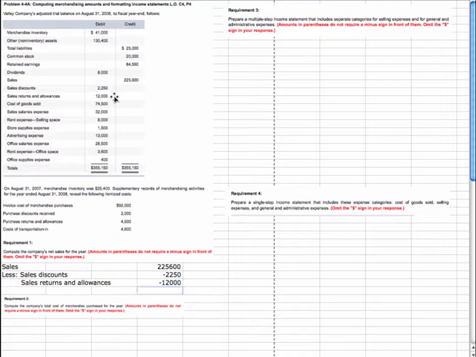So the difference will be our net sales. So basically, we're going to take the $225,600 and we're going to subtract out, or add the negative numbers, to get our net sales, which is $211,350.